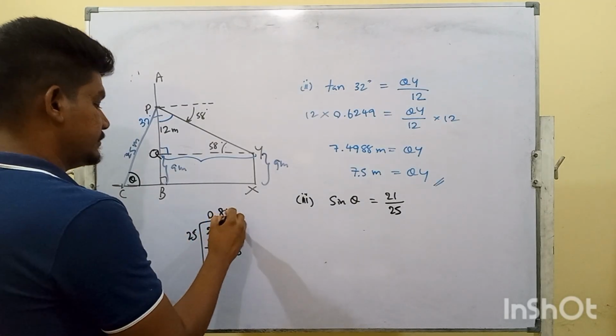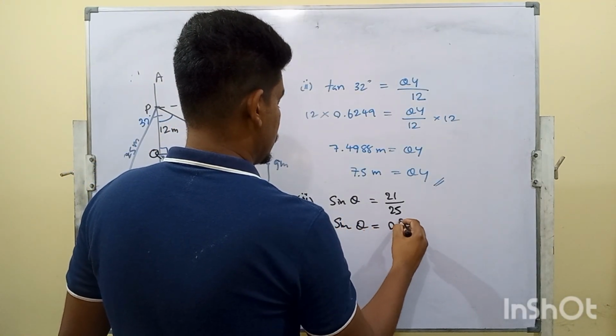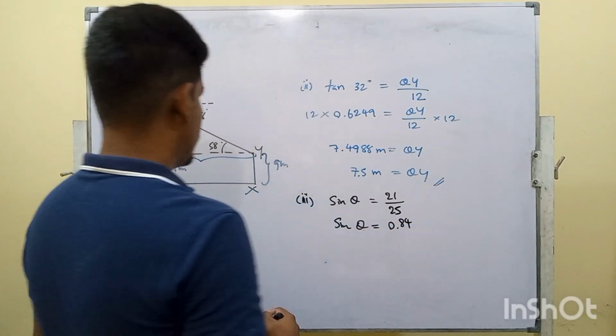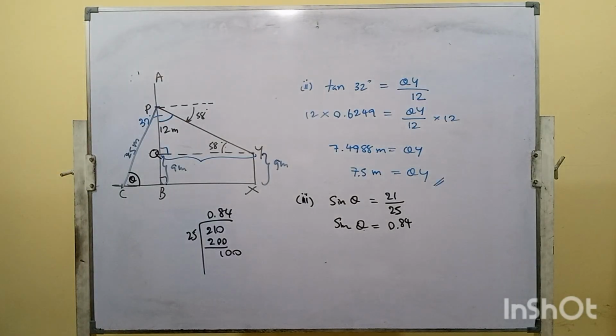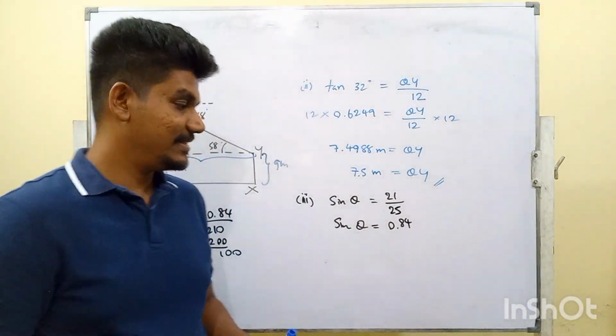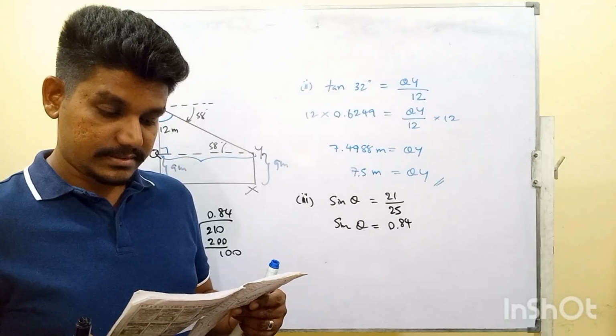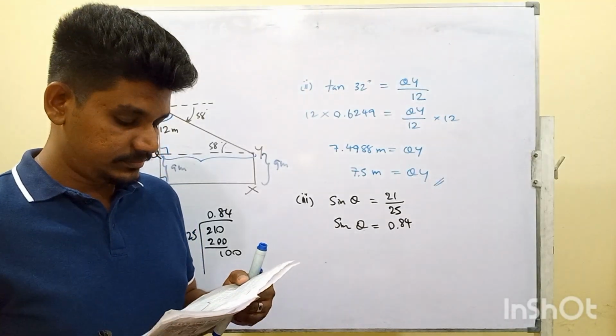Should be 4, right? Right, 0.84. Now we have to take it from the natural sines table. Natural sines table, we have to search for 0.84.